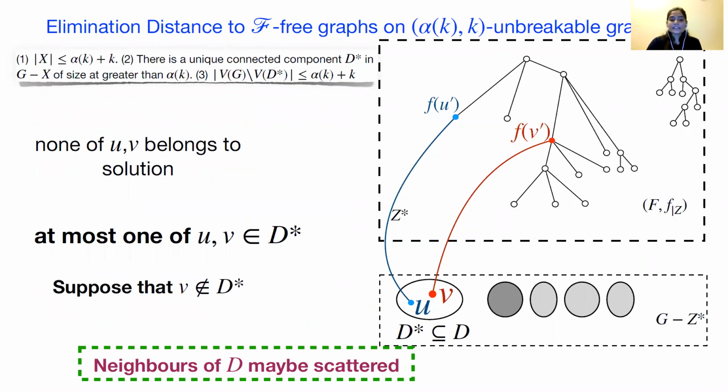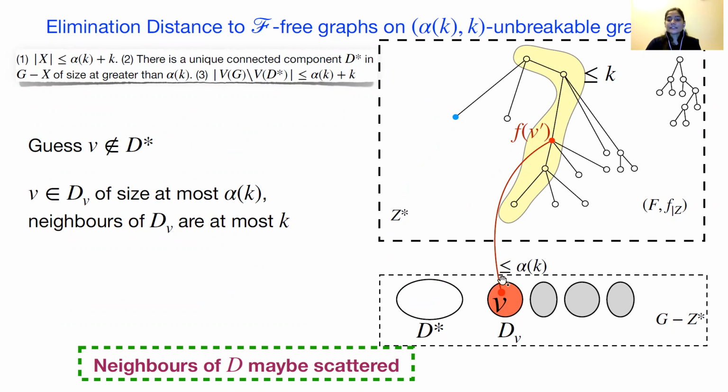Now in the third case, as we observed before, when none of them belongs to solution, then at most one of them can go to the large connected component. So one of them must go to the small connected component. Now suppose here that we guess that V is not going into the large connected component D star.